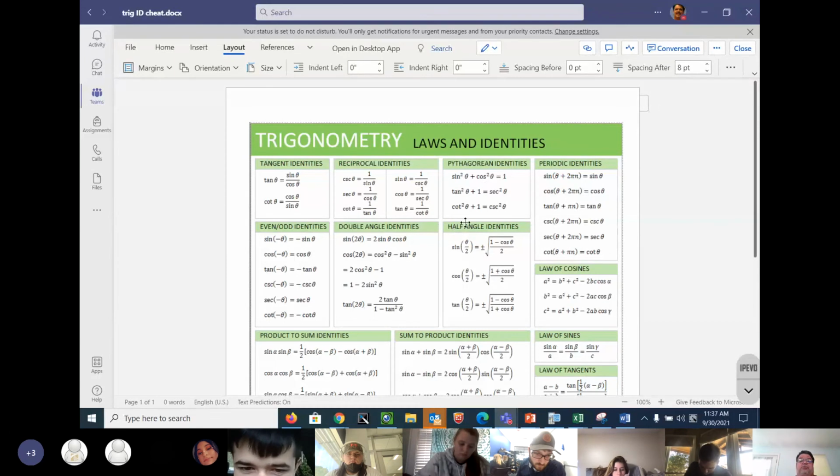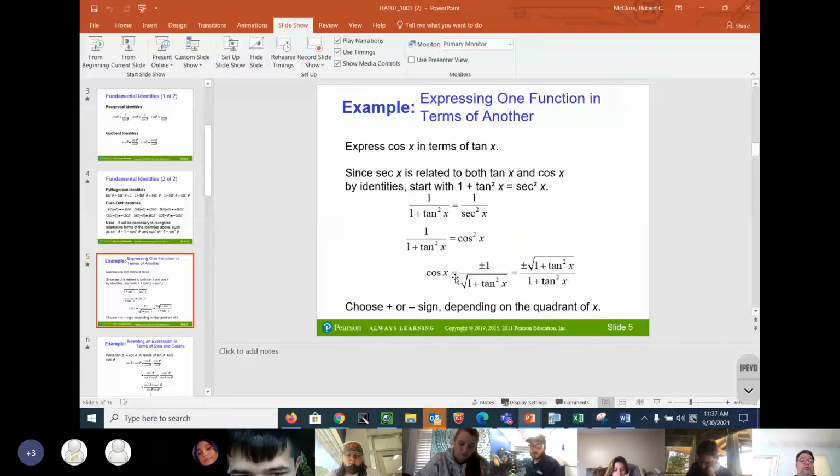Cosine in terms of tangent. And remember I said there is a relationship between the secant and the tangent. You could easily use secant here.